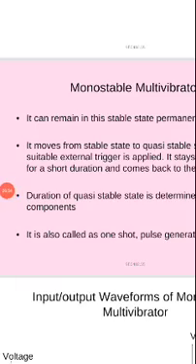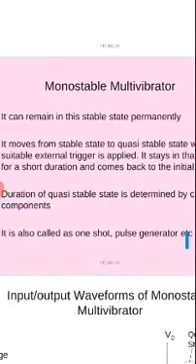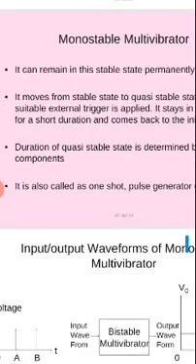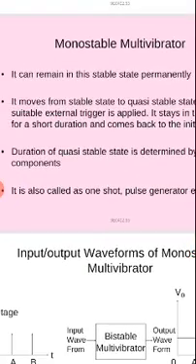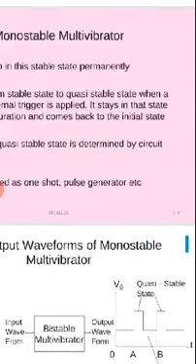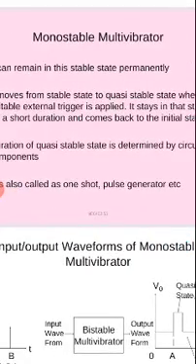Duration of the quasi-stable state is determined by circuit components. It is also called one-shot, pulse generator, etc.